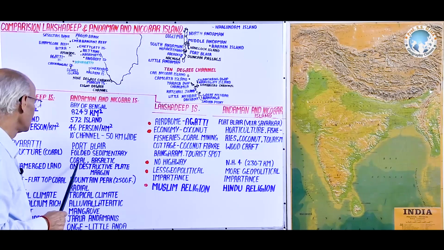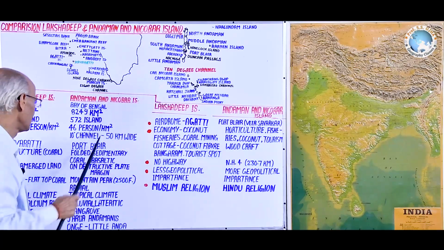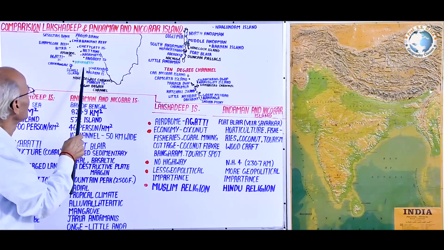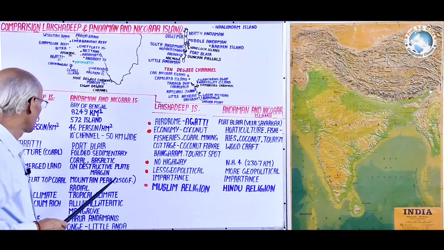Corals are also found here because the same climatic and oceanic conditions prevail in the Lakshadweep and Andaman group of islands.